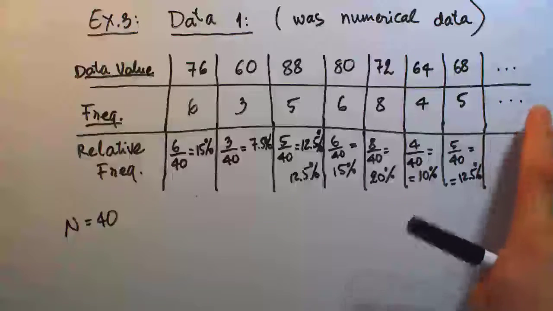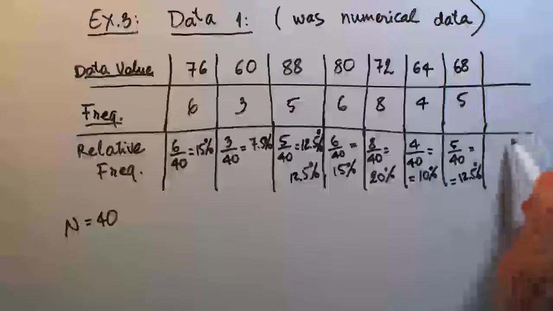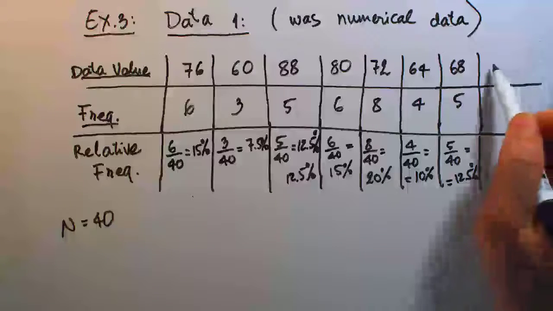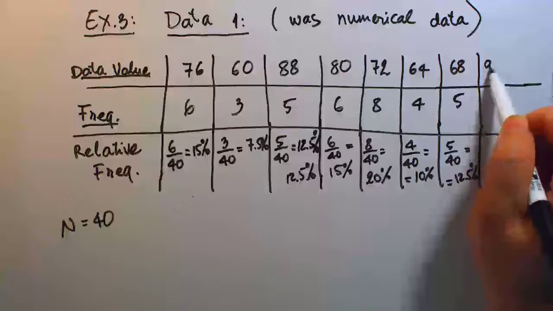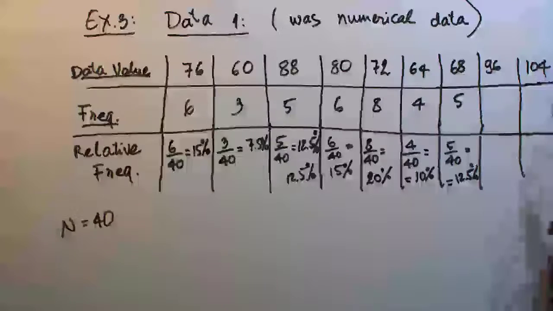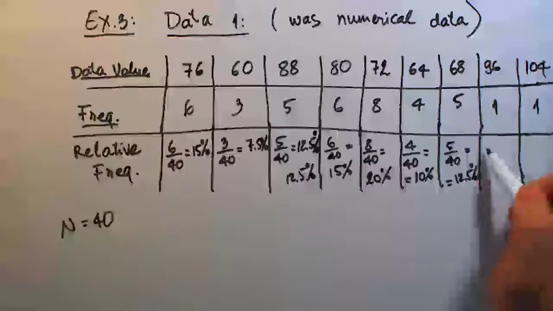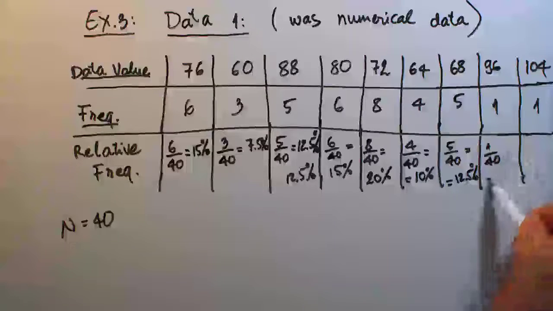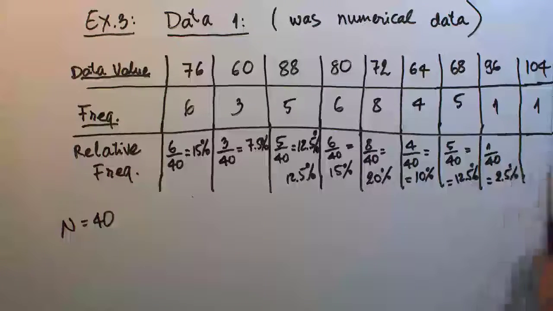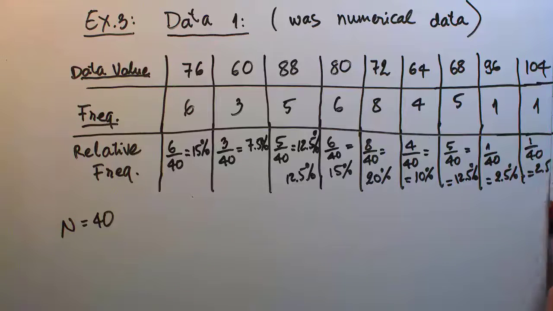I highly encourage you to finish out, because I still remember we have some other values left behind right there, and now we're treating those other values as categorical. So if I remember correctly, there was a 96, there was a 104, and there was also a 124 right there, and there was only one of each, which makes this 1 out of 40, and that was 2.5%, and this is also 1 out of 40, which is the same relative frequency, 2.5%.